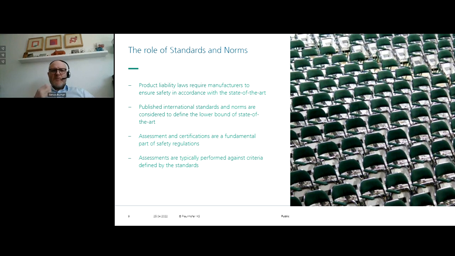So let's look quickly at the role of standards here. I probably don't have to remind too many people in the audience why we have standards, right? They help us, amongst other things, to define a common benchmark across the industry to measure what we consider as state of the art, which in turn is also used in terms of liability law, where standards, internationally published standards, can be considered the lower bound of state of the art.